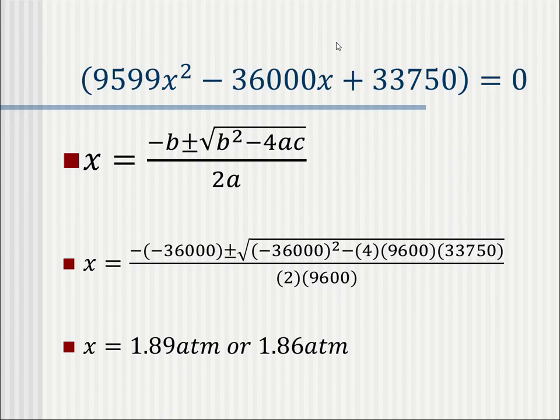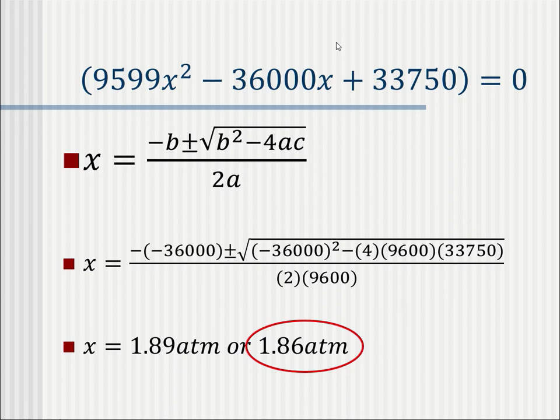Well, if I take my bigger number, and I pick up my calculator, and I take 3.75 minus 2 times 1.89, I get a negative number, which tells me that the correct answer in this situation is my 1.86. I can't subtract 2 times 1.89 from my original pressure and get a positive pressure.